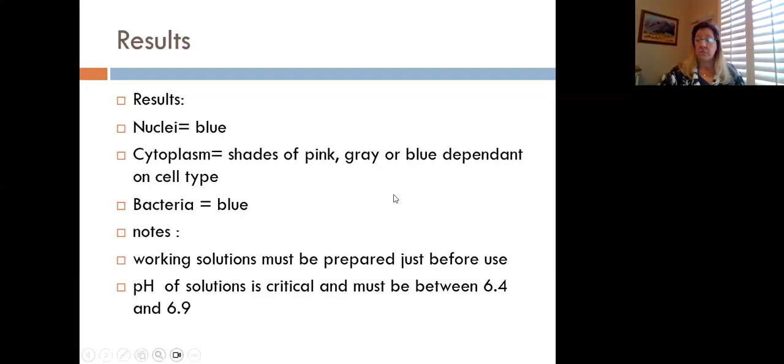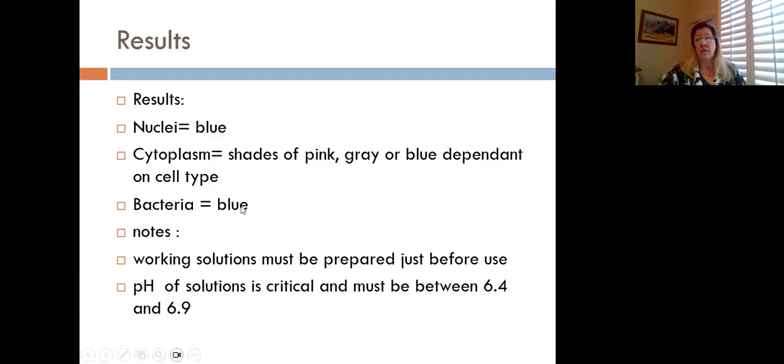So your results microscopically, what should it look like? Your nuclei are going to be blue. Your cytoplasm are going to be shades of pink, gray, or blue, dependent on that cell type, that cell lineage. If you happen to have any type of bacteria in there, which happens in blood slides, they can have some blood disease process happening.